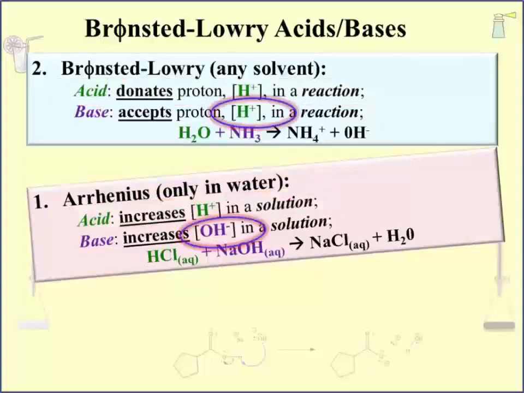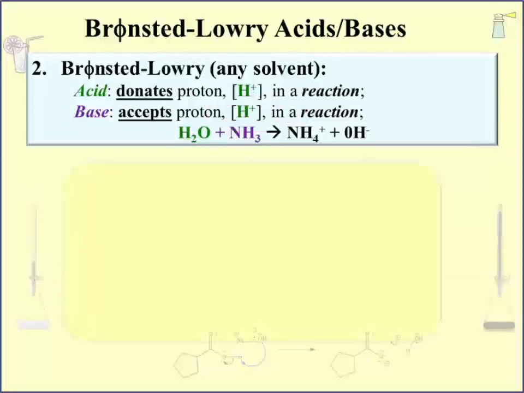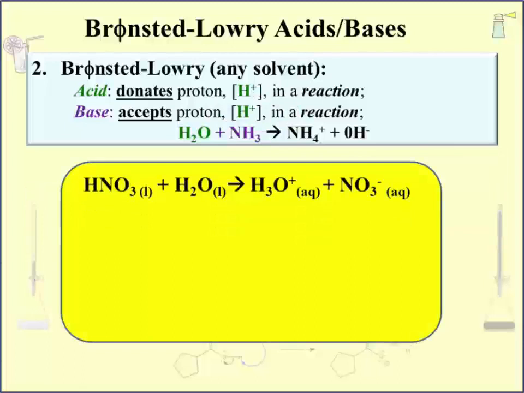Where they really differ is in the definition of the base. The Bronsted-Lowry base is a compound that accepts a proton, where Arrhenius bases produce hydroxide. Yes, hydroxide ions readily accept a proton, but Bronsted-Lowry bases include anything that accepts a proton, and that is just a broader group of compounds and ions.